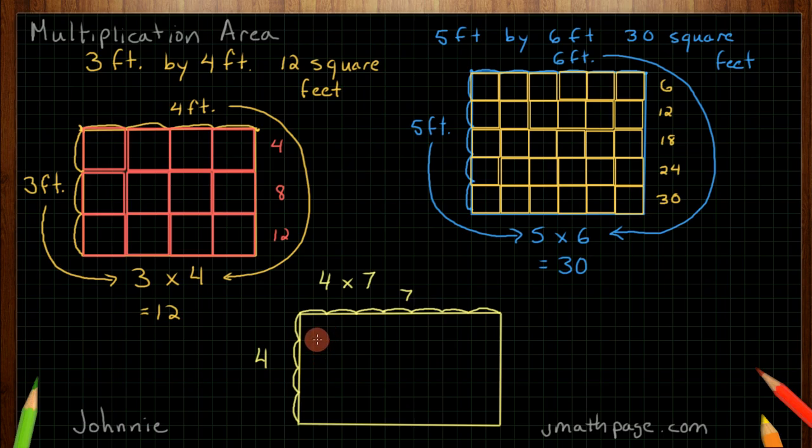So this time, let's go ahead and build our squares on the inside. Let's see. All right, so let's go ahead and build them. You can count them, or you can try to figure out how many squares are going to be on the inside of a rectangle that's 4 rows by 7 columns. 4 rows by 7 columns, and we've written that out as 4 times 7.